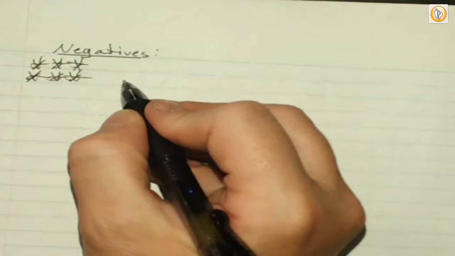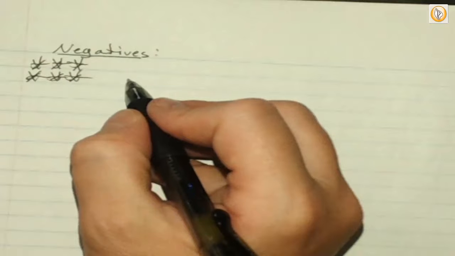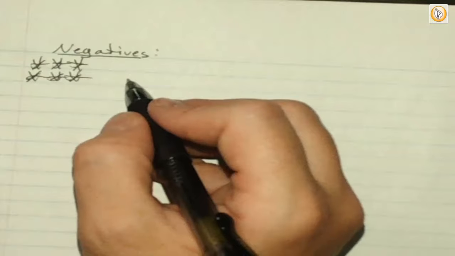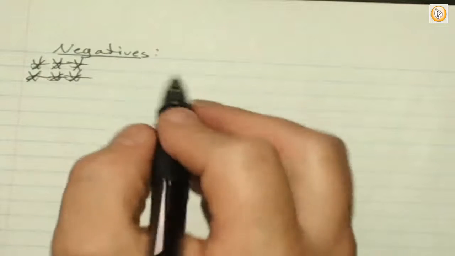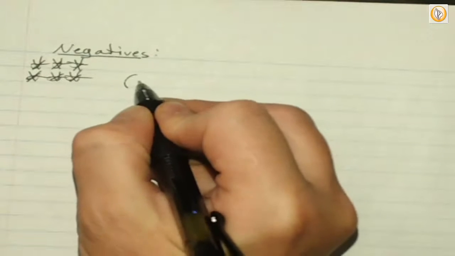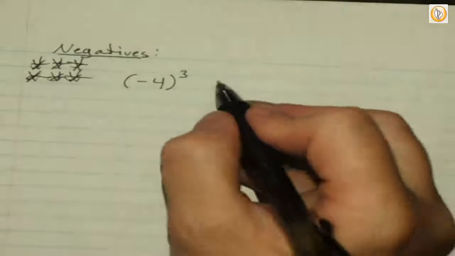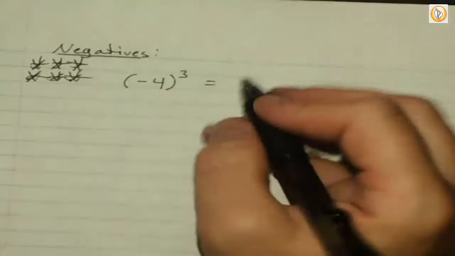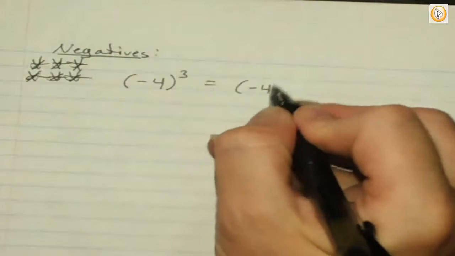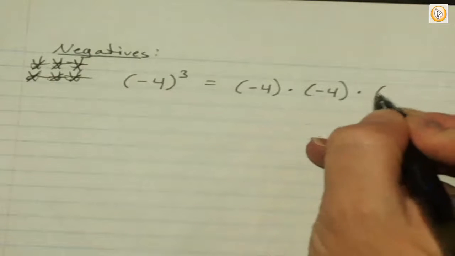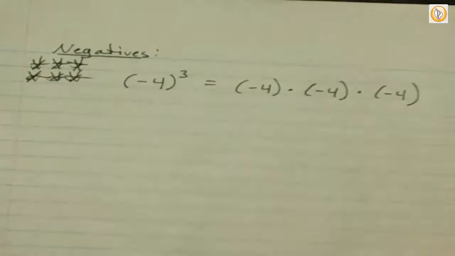All right, y'all ready? Yes, I am. Okay, before you write, I want you to put your pencils down, or pens, whatever, and just look, and then I'll have you write, okay? -4 to the 3rd power. That is written as -4 times -4 times -4.